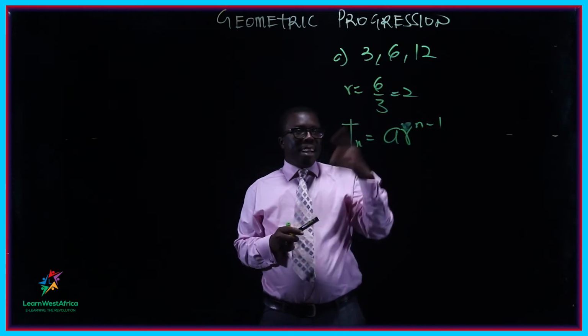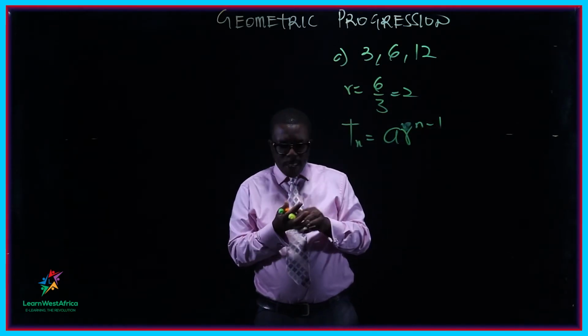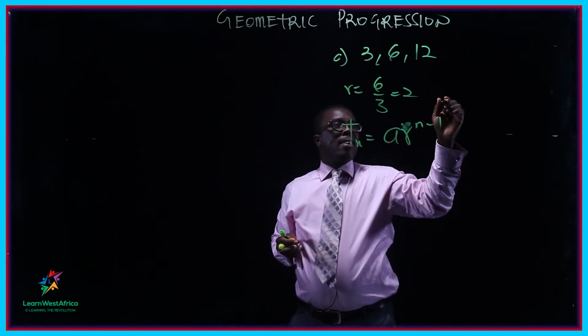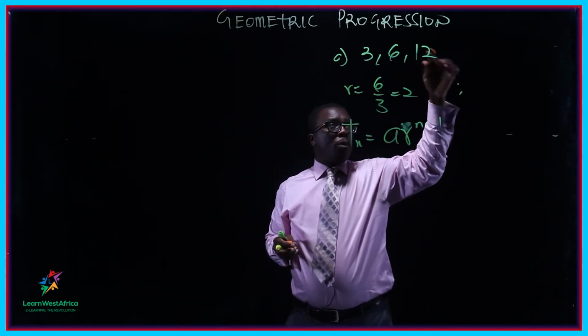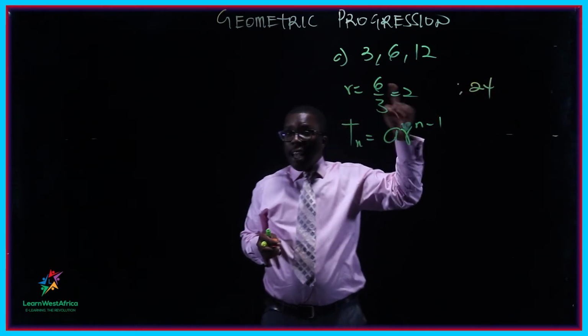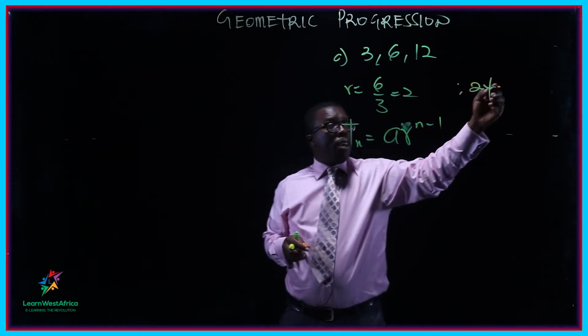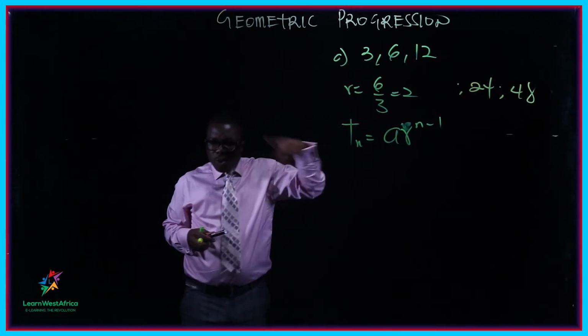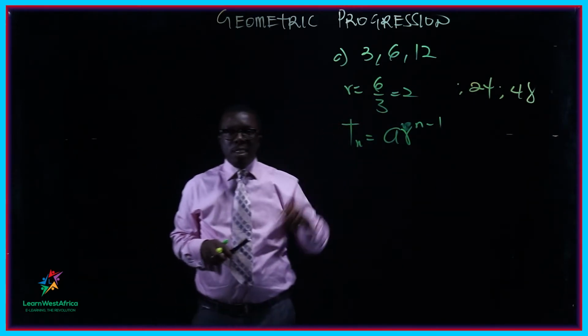The next two terms will be 12 times 2, which gives you 24, then 24 times 2, which gives you 48. These are the subsequent two terms in the sequence.